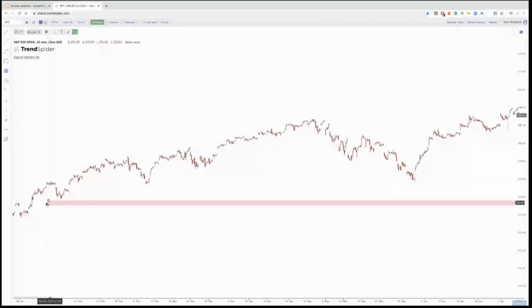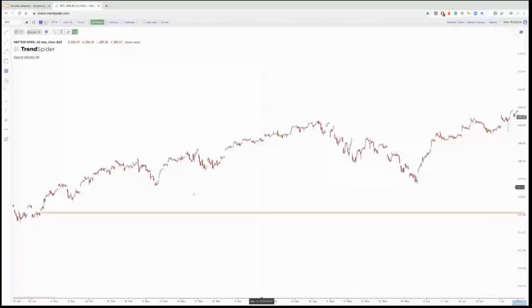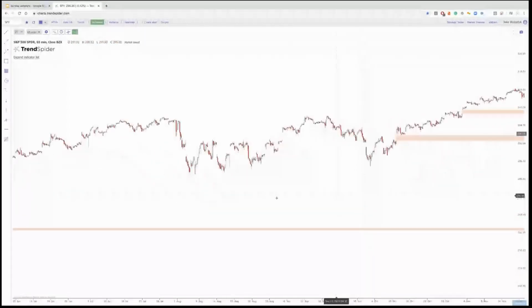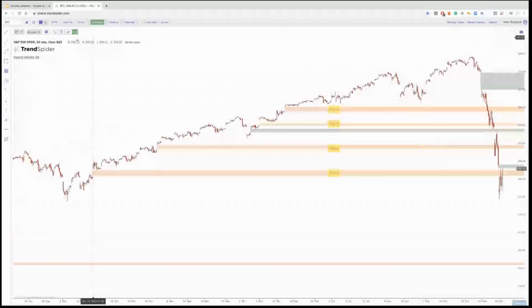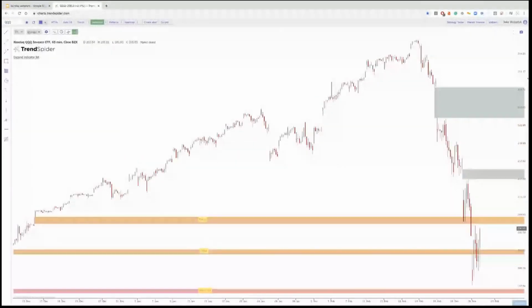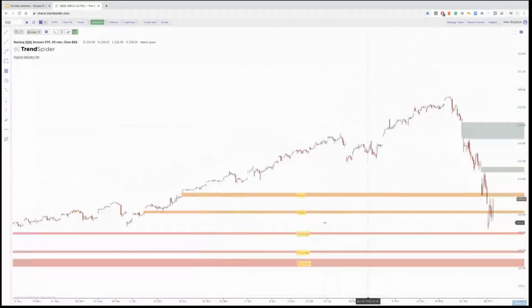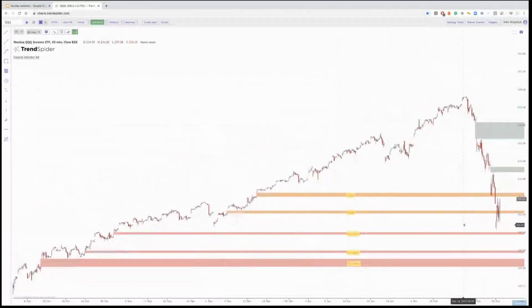We technically have a little gap here as well around 264. So there still are areas below. And if you pull up the Qs, the Qs still have like three to fill. And if futures are down 3%, it would make sense for possibly these to fill below.